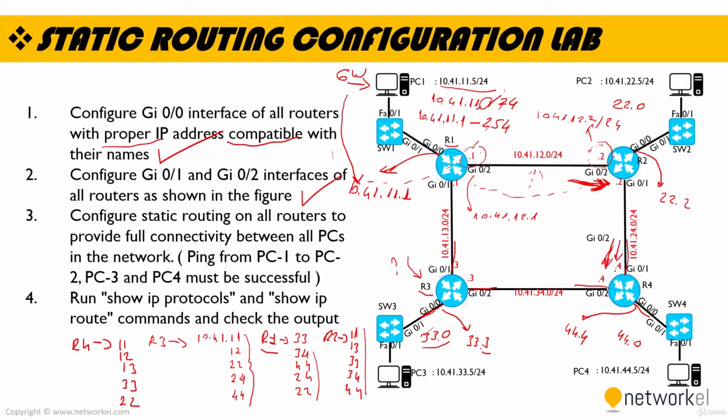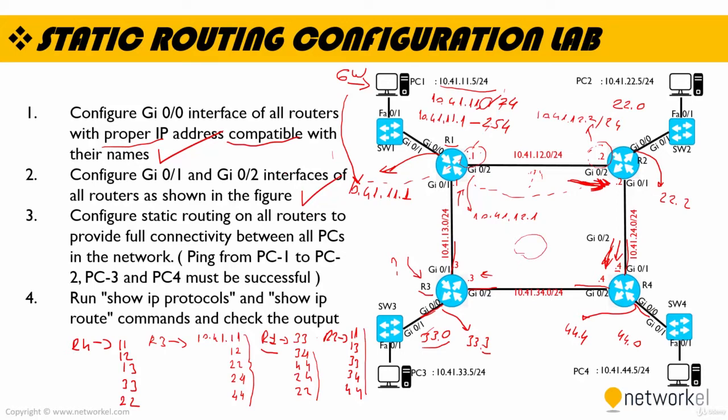I mean here. I'm going to tell router 4 to send the packets here, and I'm going to tell router 3 to send the packets here. So what I'm doing is covering all the networks, as you see, with a circle.